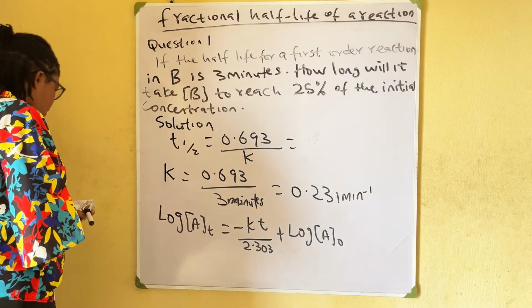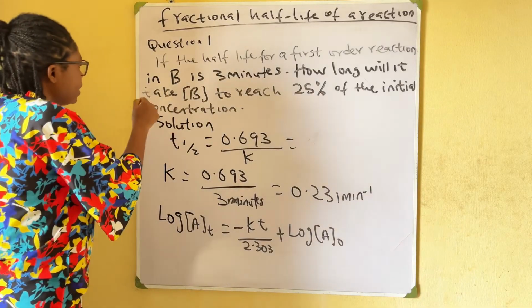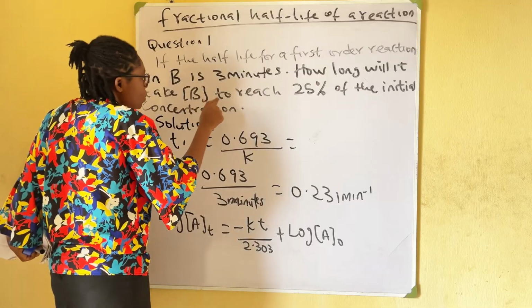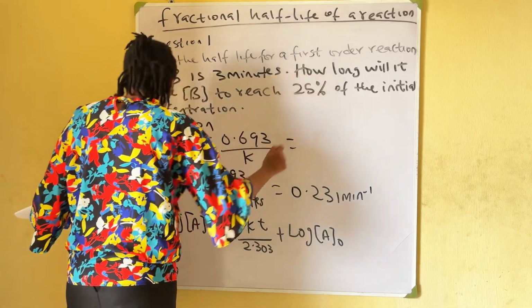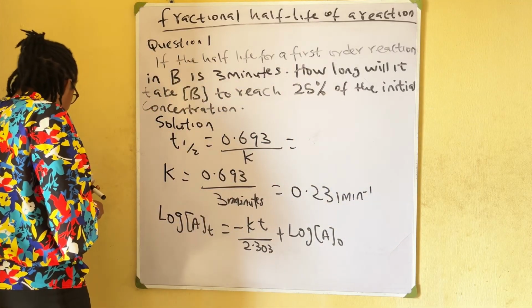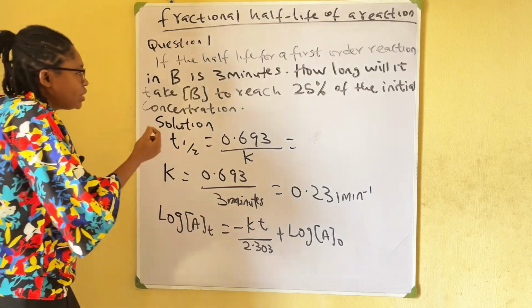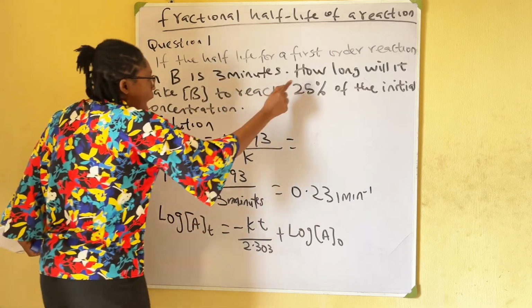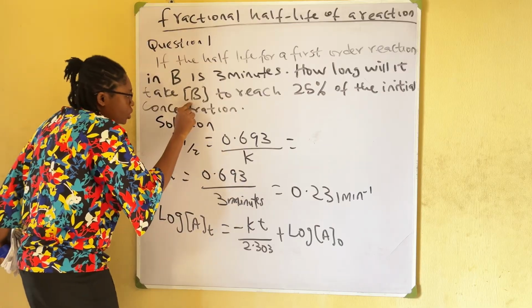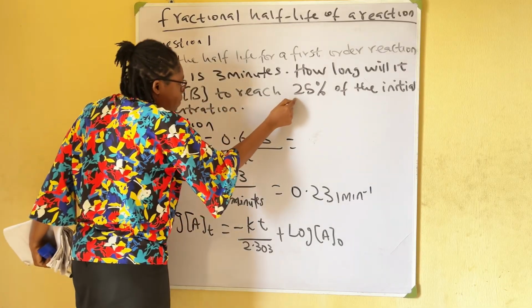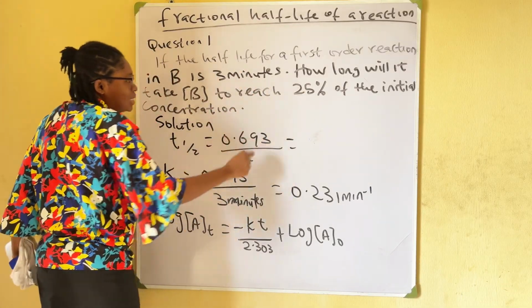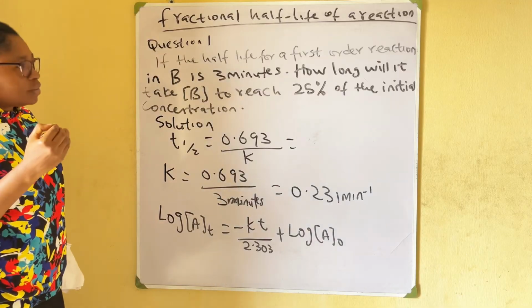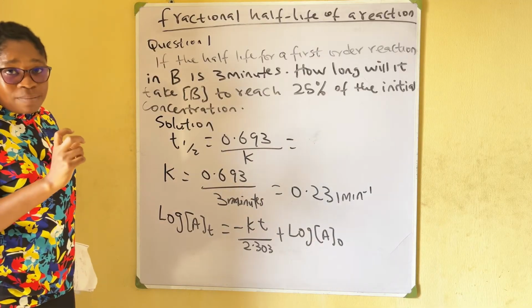Okay, look at this. How long will it take the concentration of B to reach 25% of the initial concentration? So here, this one is the concentration at time. So 25% is the concentration at time.